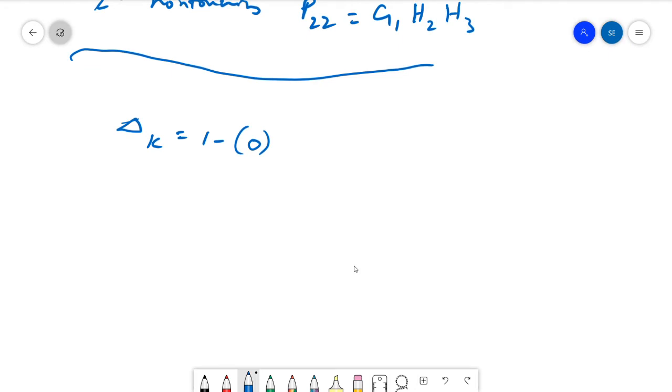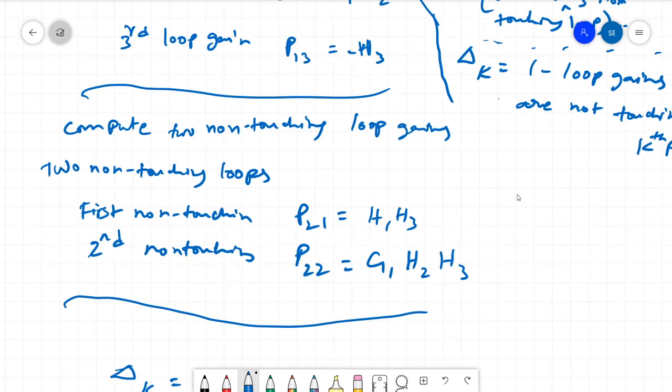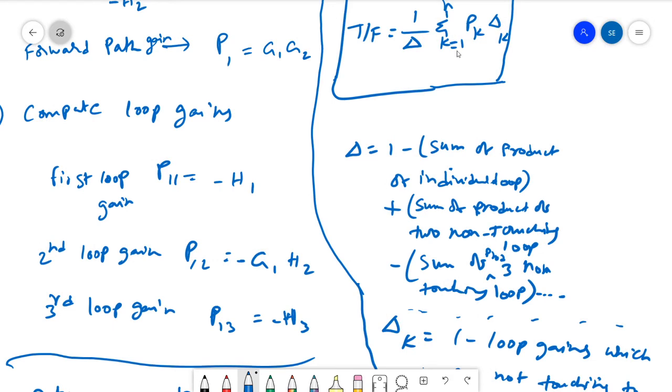TF is equal to sum of Pk del k. Here k is only 1 because we have only one forward path, so we take P1 del 1.